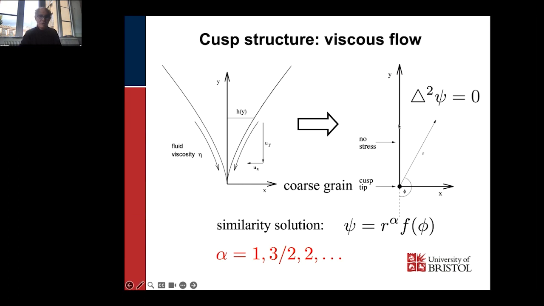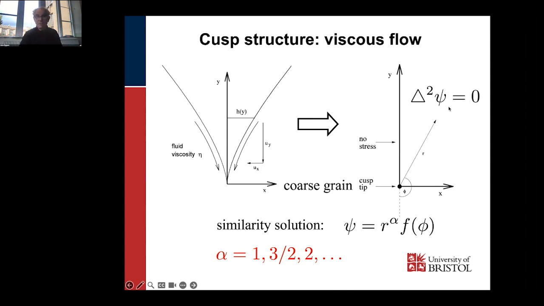So it's natural to look for a similarity solution of the form r to the alpha, where alpha is some unknown exponent, times a scaling function f of the dimensionless angle phi here. And I don't want to go into the details of the calculation, but it's quite straightforward. What you do is you insert this here into this equation.